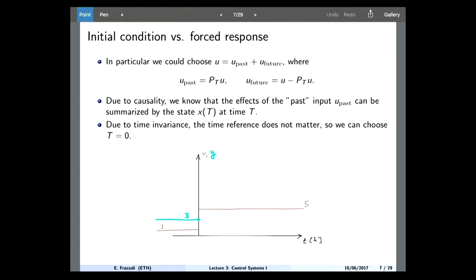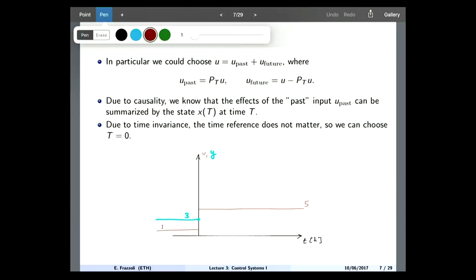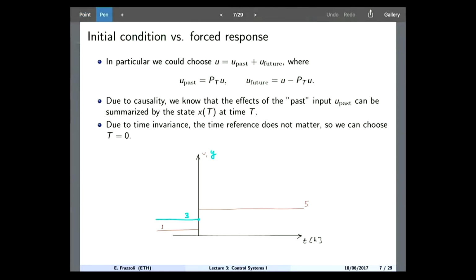So this is exactly what we will do. In particular, we can choose to split the input signal into everything that happened in the past plus everything that happened in the future, okay? So essentially what I'm doing is splitting the signal into, this would be the past signal, sorry, so this would be U in the past.